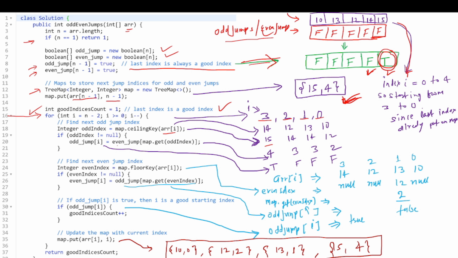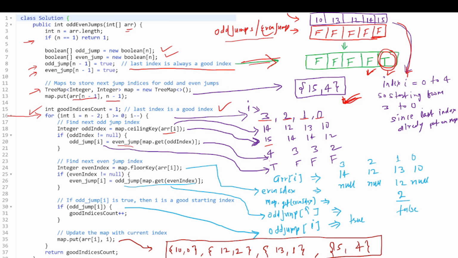So we will check that the odd index is not null. When the odd index is not null, we will do what? Even jumps at 15, that will come, some element will come, and that is true or false. It will come true, right? So we will add other elements also here, similar to that, right? We will find the odd index, which is 15 here, as you can see, and then even jumps at 15, we will add some element here, right?